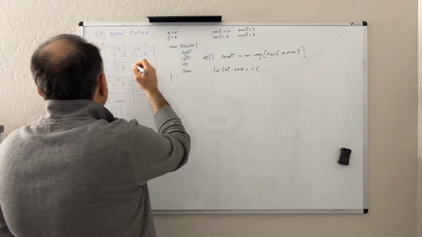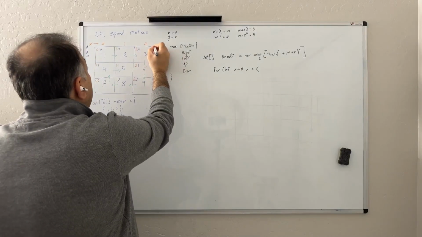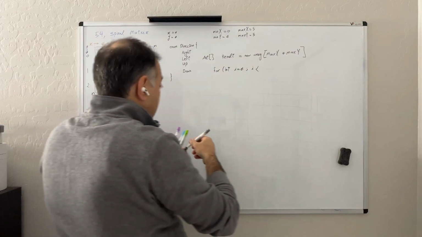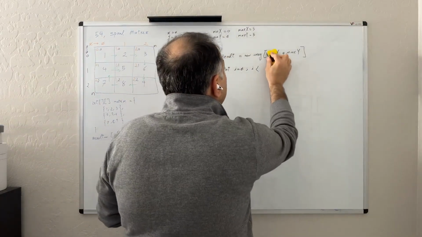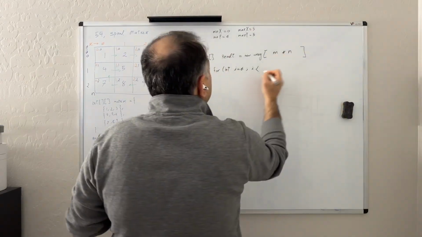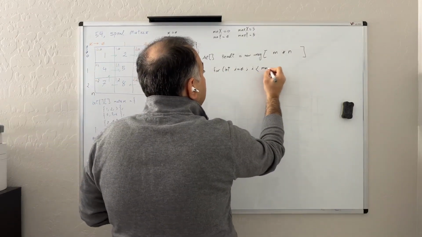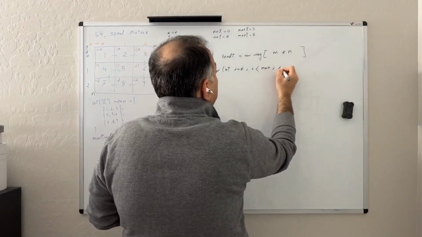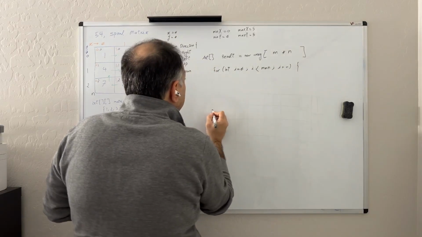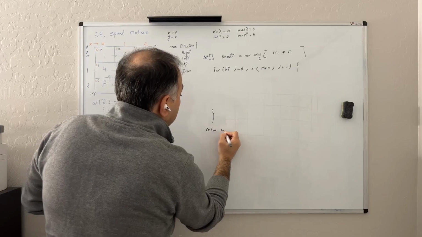For example, if this one be m and n, maybe I can change this one to m and n too. This one should be less than. And this is the loop that we have. And then we can return the result.